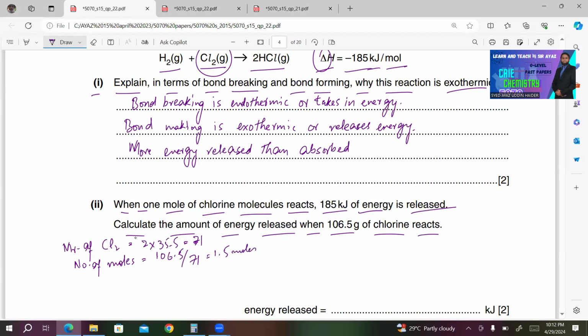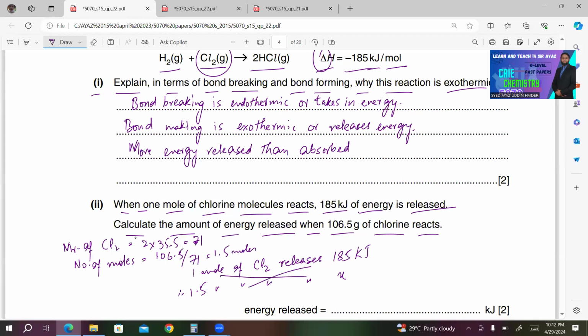So you can write 1 mole of Cl2 releases, as it is exothermic, 185 kilojoules. Therefore, 1.5 moles of Cl2 releases X kilojoules.